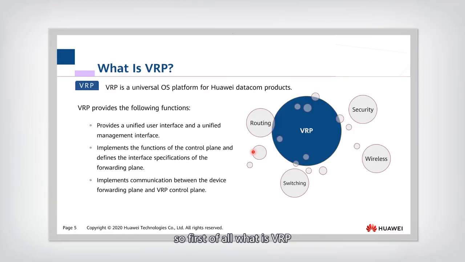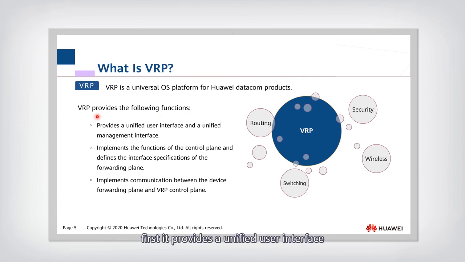So first of all, what is VRP? VRP is a universal operating system platform for Huawei Datacom products. So VRP can be an OS platform for routers, for switches, and for other devices. The main functions VRP provides are as follows.